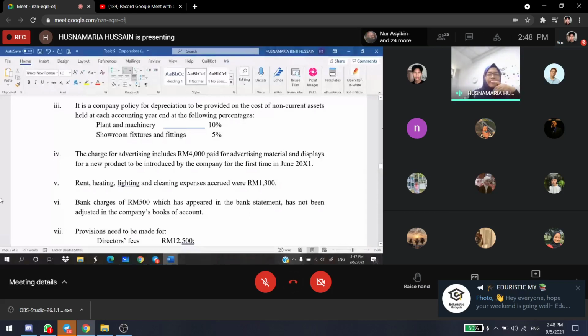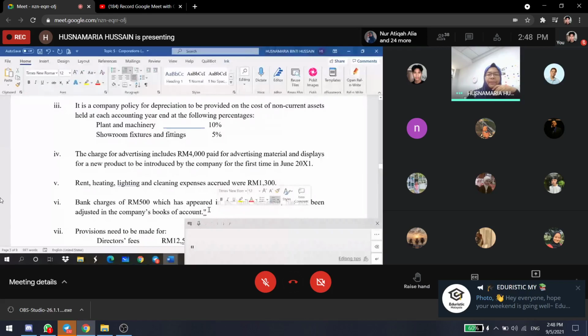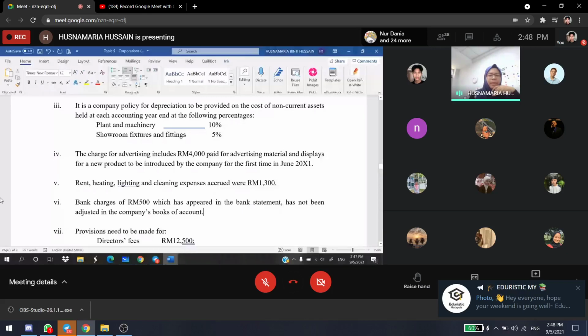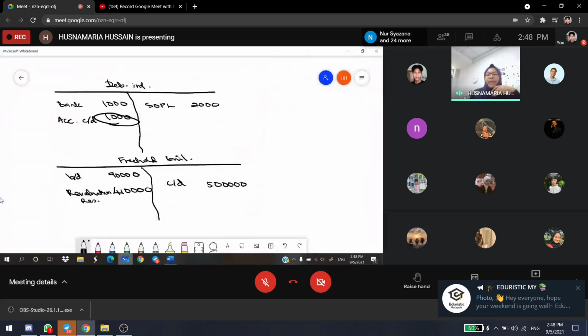With the amount here, what should we do? We need to minus from the bank 500, and then we plus to the bank charges account 500.